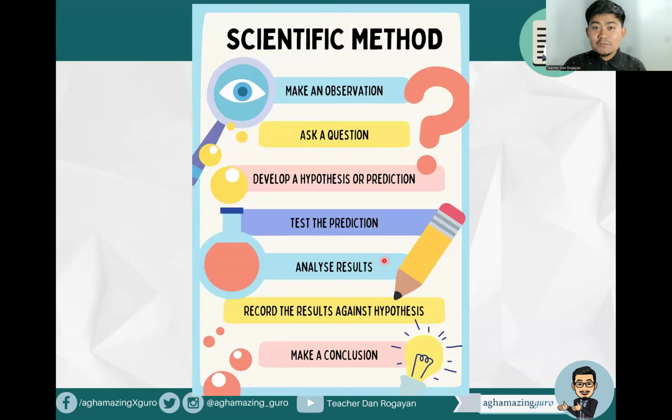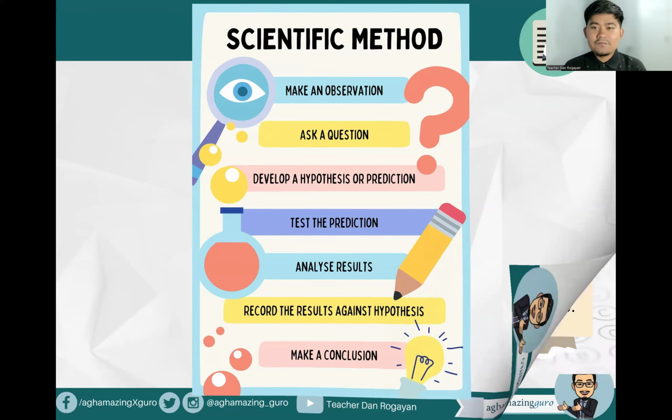Then we analyze the results, then we record the results against our hypothesis, then we can make a conclusion. So this is a logical step-by-step organized science process involved in our research or investigation. So this is what we call the scientific method.